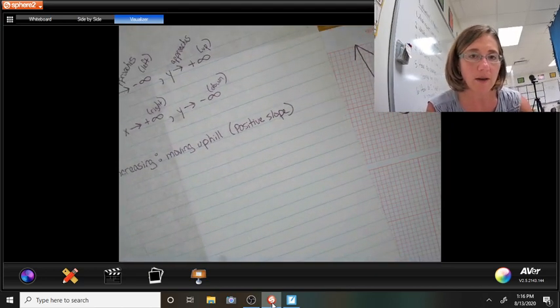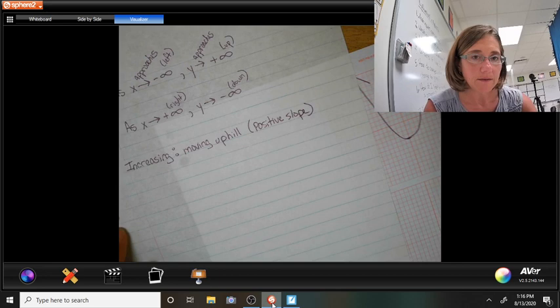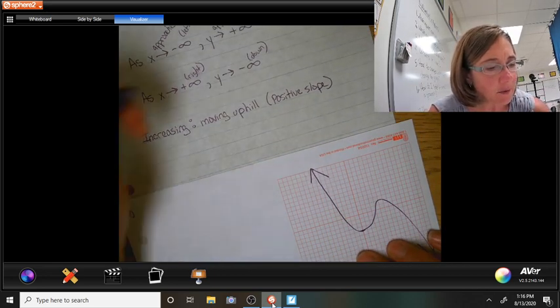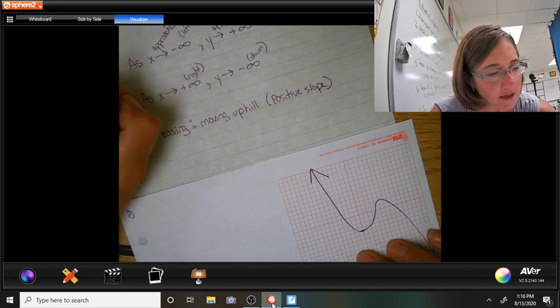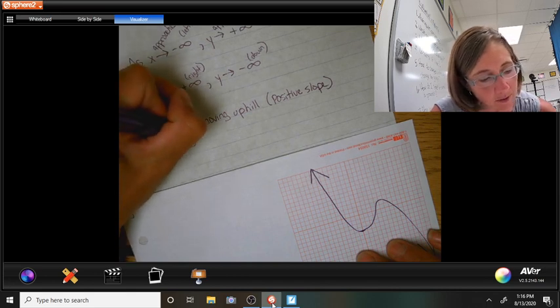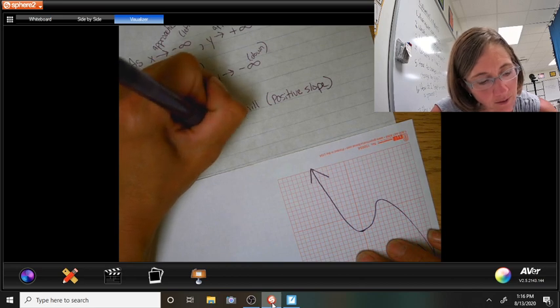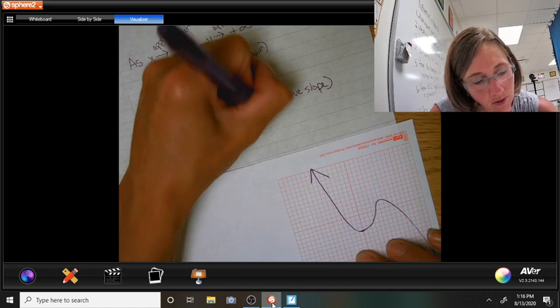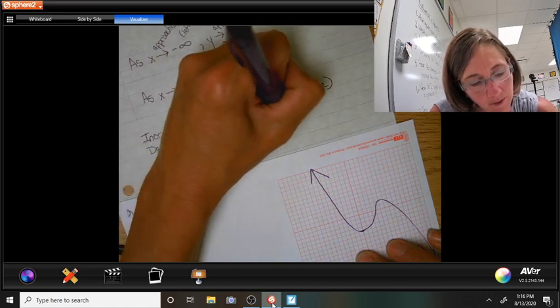Increasing, moving uphill, positive slope. So decreasing would be moving downhill, also known as negative slope.